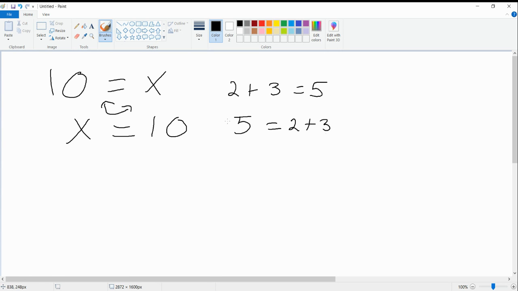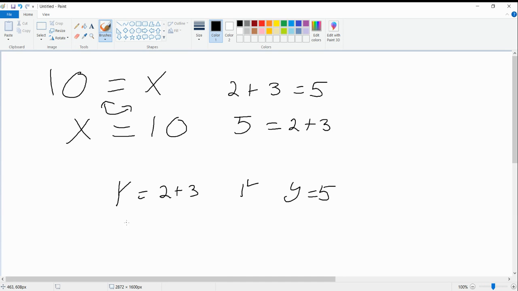How this would come to help us in an actual problem, because I know we had questions about this in the last class on Tuesday, is that if we have a problem that says y equals 2 plus 3, for example, we know that 2 plus 3 is 5, so y is going to equal 5.